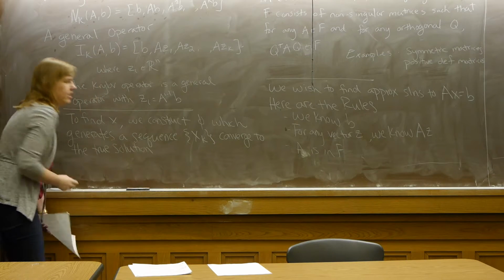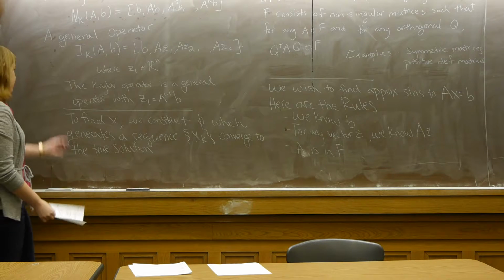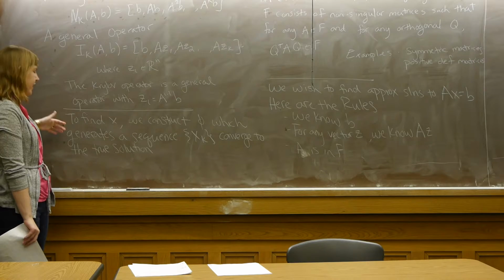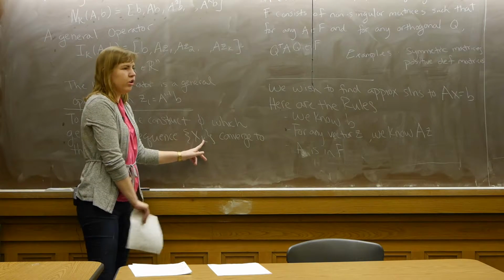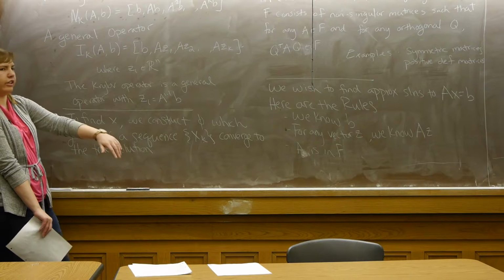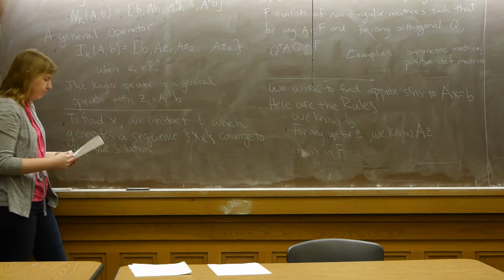So if you have seen iterative methods before, I'm just writing that down in words. At each iteration, you find a new approximate solution, and hopefully each time you're getting closer and closer to the solution that you actually want.